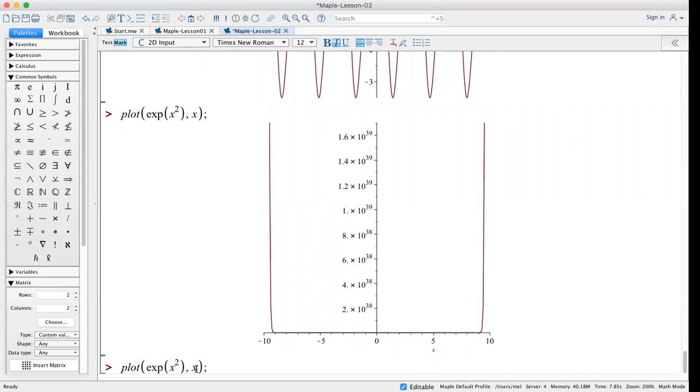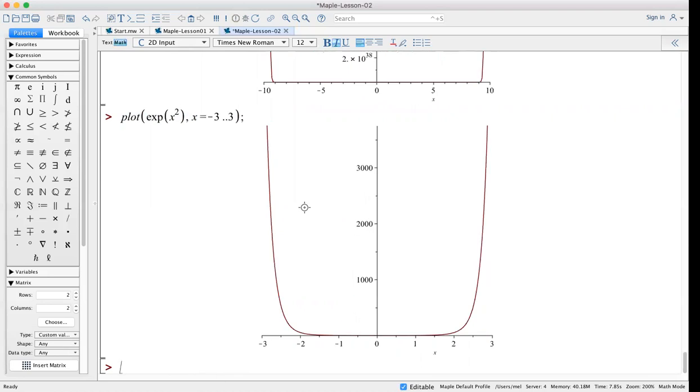If you want to see, it's restricted, let's say, to minus 3 to 3. See again, see how fast it goes up? Maybe minus 2 to 2.